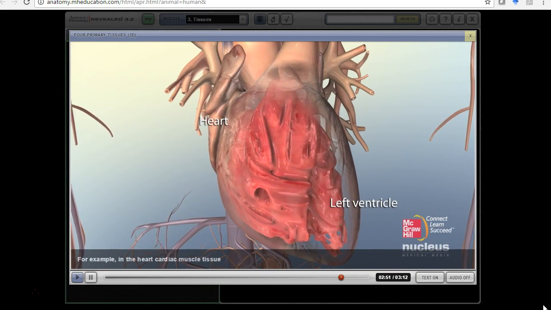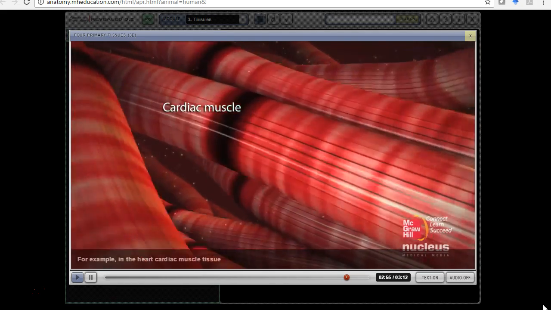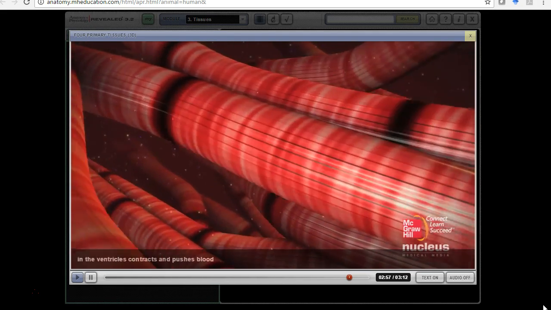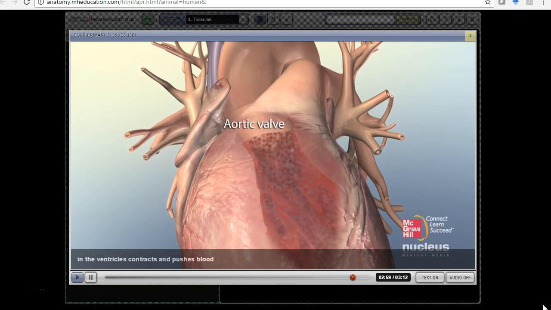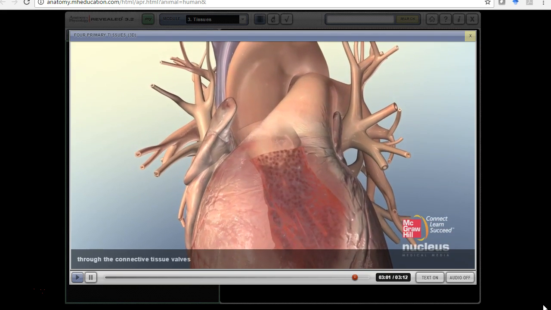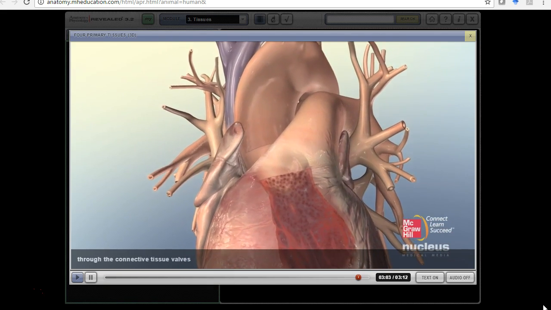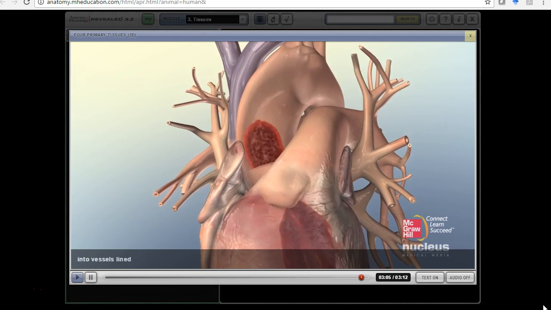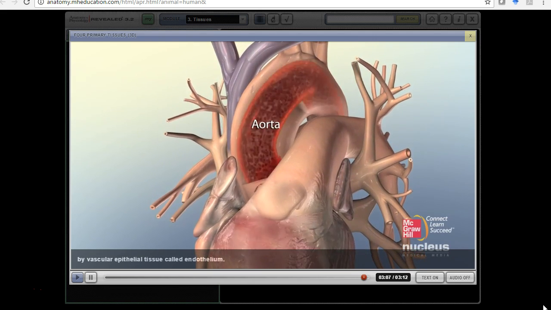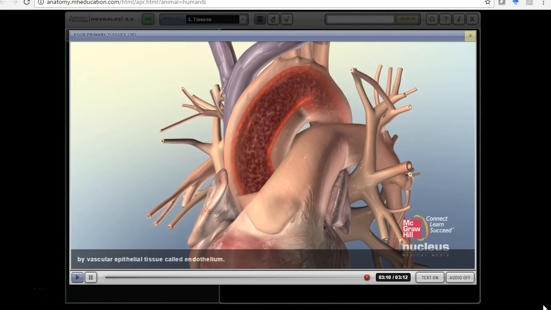For example, in the heart, cardiac muscle tissue in the ventricles contracts and pushes blood through the connective tissue valves into vessels lined by vascular epithelial tissue called endothelium.